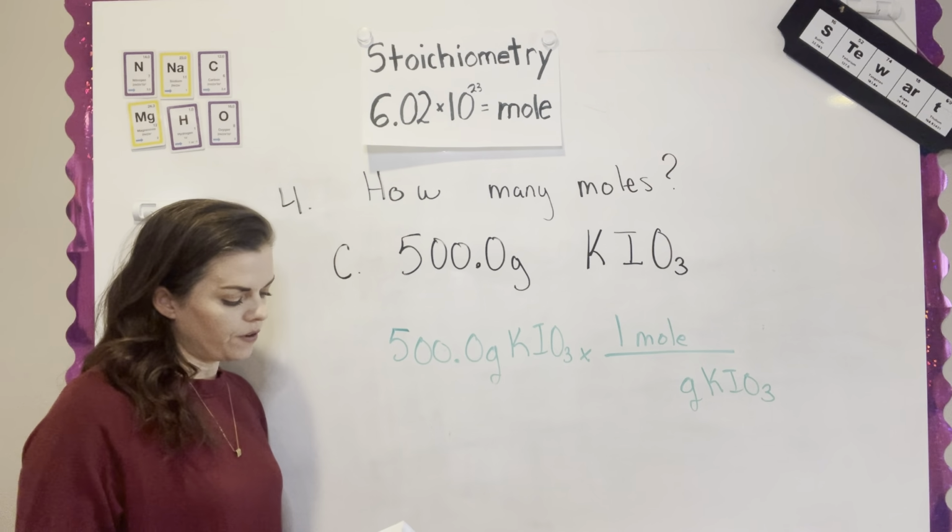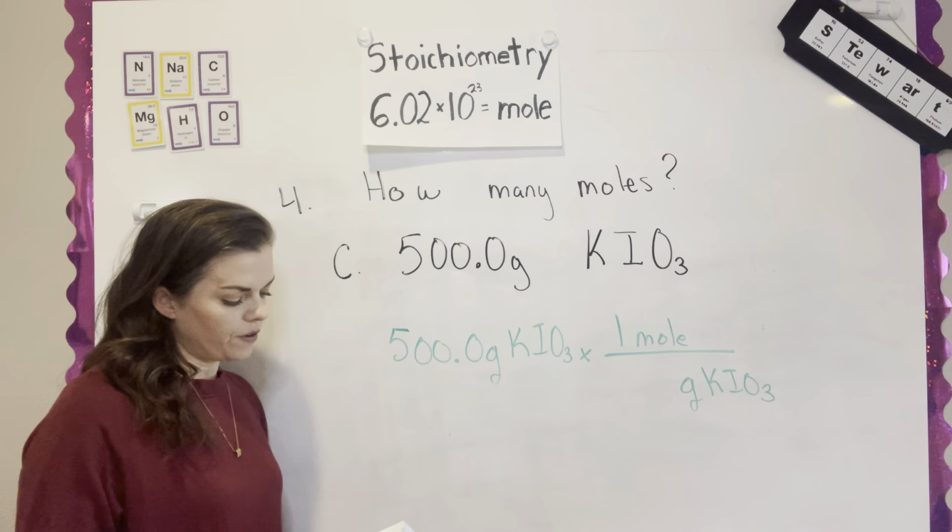So I have moles of NaOH, and I'm going to use my balanced chemical equation. So I put NaOH on the bottom so it cancels out, and put moles of what I'm trying to find, my answer, on top.